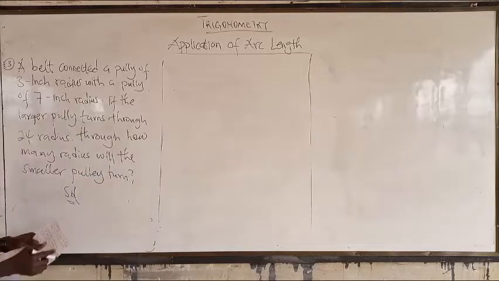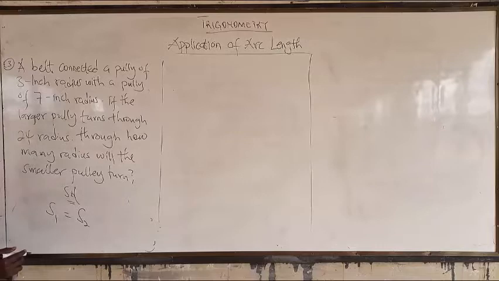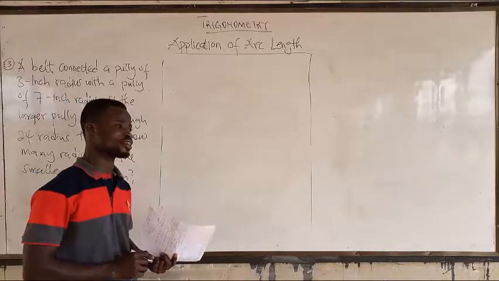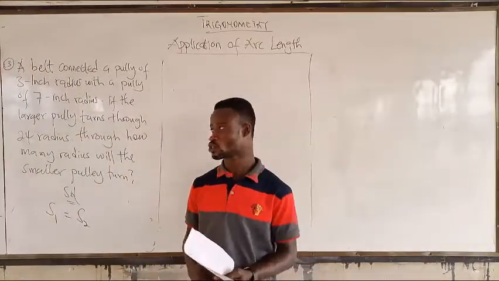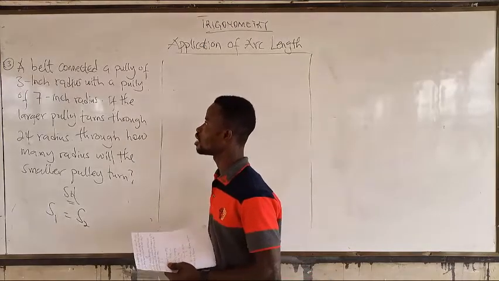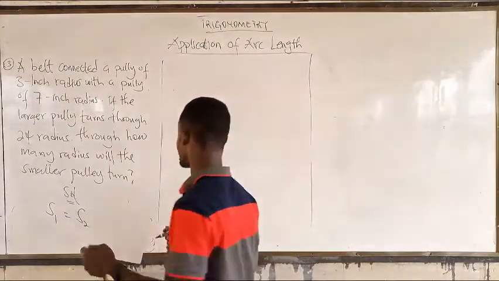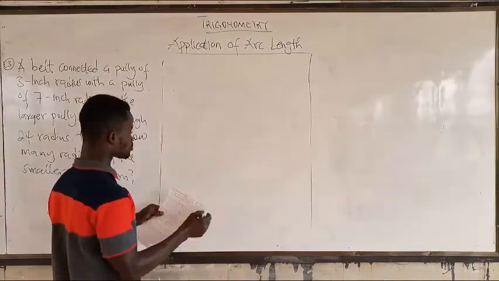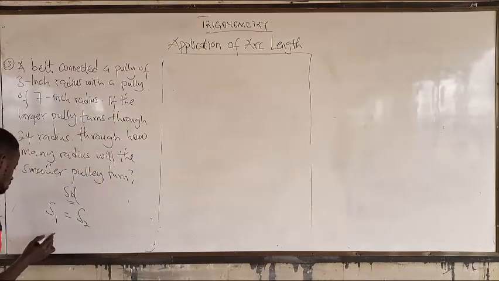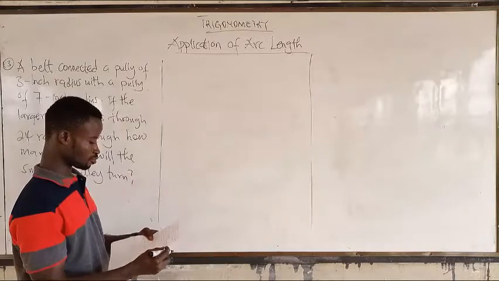So we know that S1 is going to be equal to S2, similar to the one that we previously solved. That one was about a gear, but this is a pulley, still the same thing. The arc length is the radius times theta.